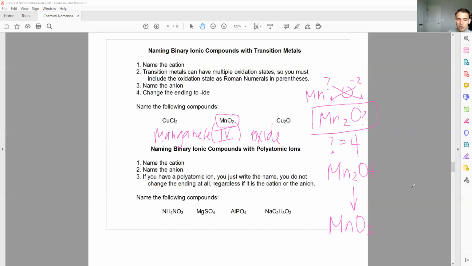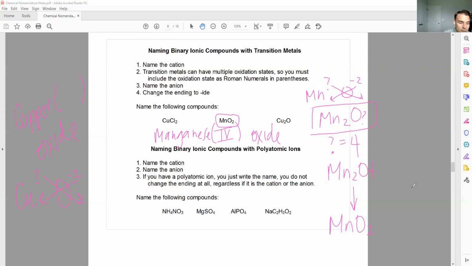I'm going to do the last one over here on the left. I've got copper, Roman numerals, and then oxide. Okay, so we have to figure out what those Roman numerals are. So, same thing. I have no idea what the charge of that copper is. I do know that oxygen's -2.